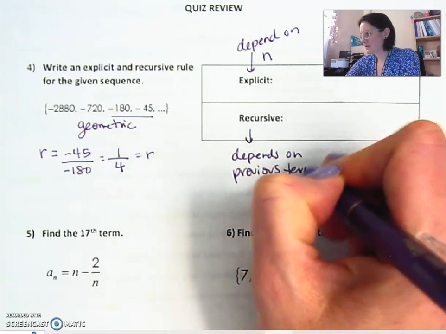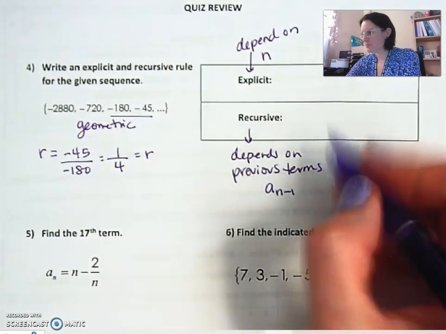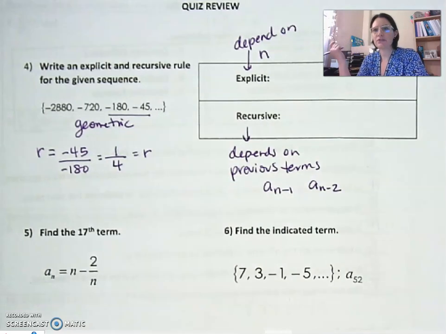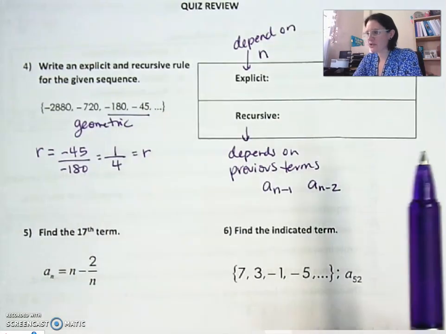So this is where you'll use a sub n minus 1 for the first previous term, a sub n minus 2 for the second previous term, in case you're using more than one term to get the next term. So we are multiplying by 1/4 each time.